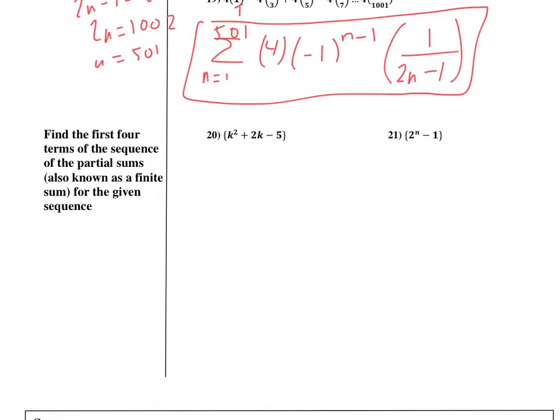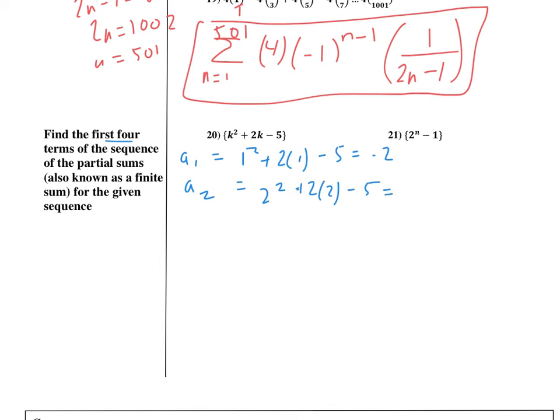All right, next up here, we're going to do some partial sums. For these partial sums, it wants the first 4, so I need to know the first 4 terms again, so I'm going to just get those really quick. It's not going to be our answers, but we're going to use them to get our answers. So 3 minus 5 is negative 2. And then this one would be 2 squared plus 2 times 2 minus 5.